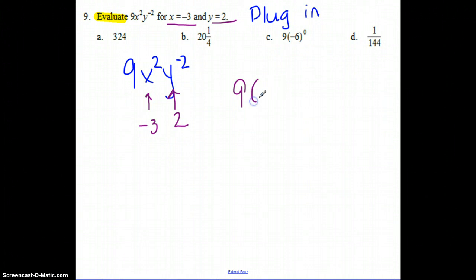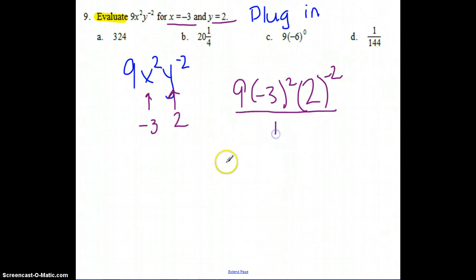So 9 parentheses negative 3 to the second, and then 2 is going to go in here, exponent of negative 2. Now, if I look at this problem, I see this negative exponent here. So I'm going to put it over 1. This is the only one I'm happy where it's at because it's the only one that has a negative exponent.